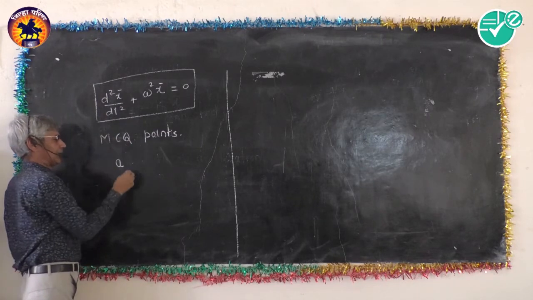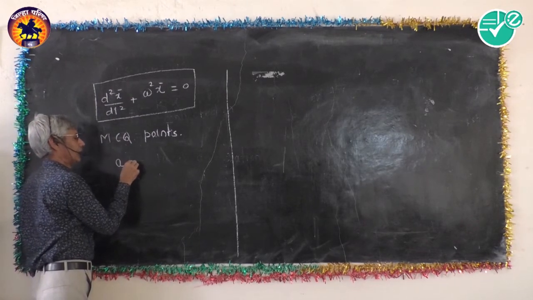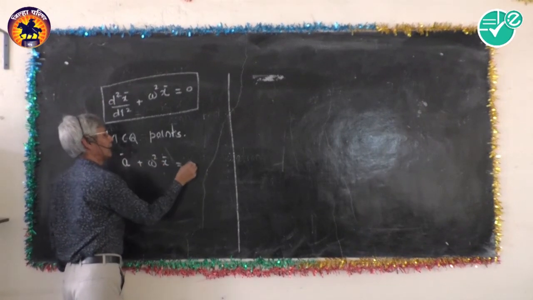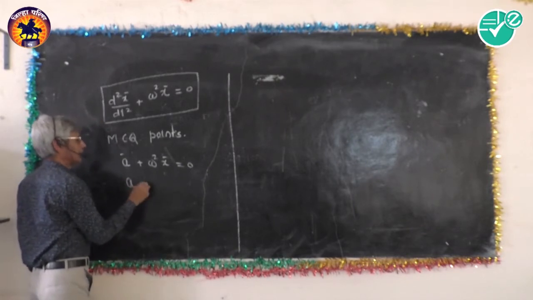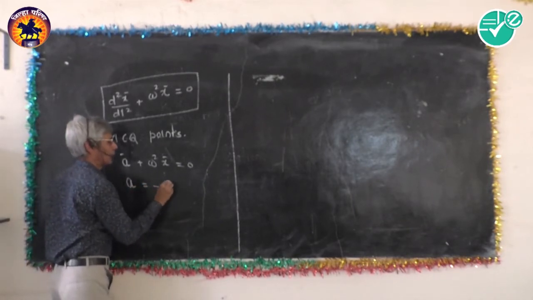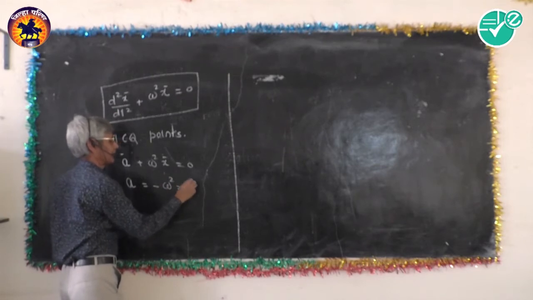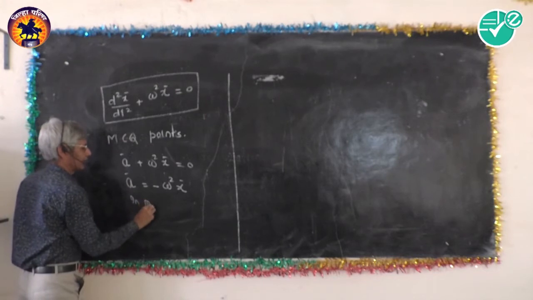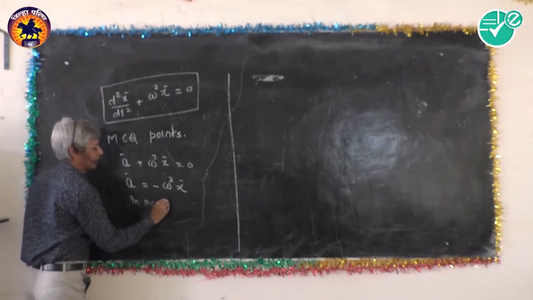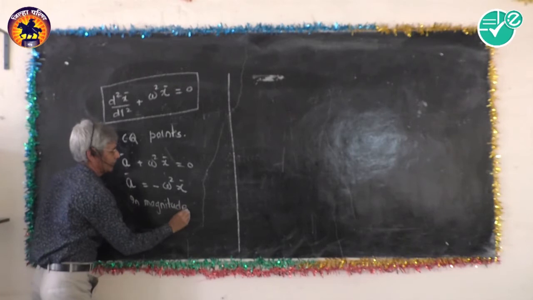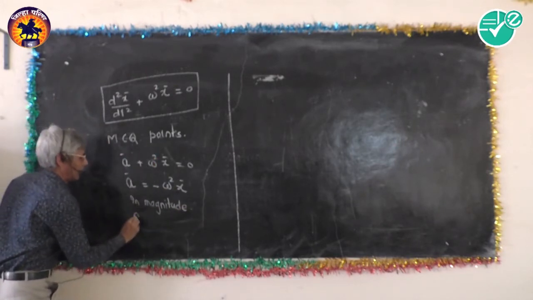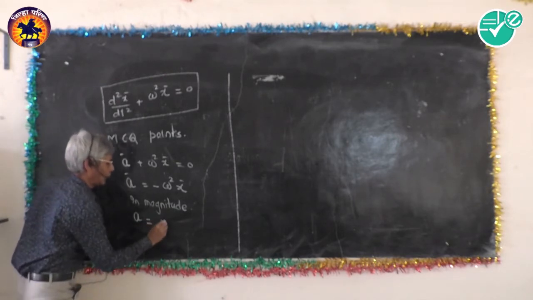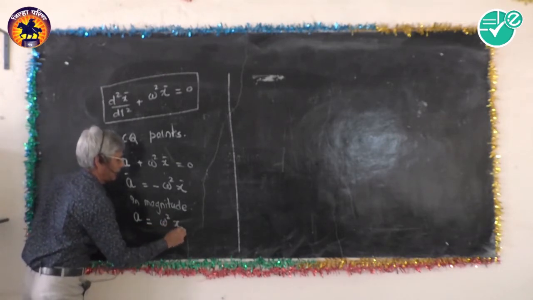If we rearrange this equation, we have a plus omega square x equal to 0, or a equal to minus omega square x. Or in magnitude, acceleration a is equal to omega square into x.